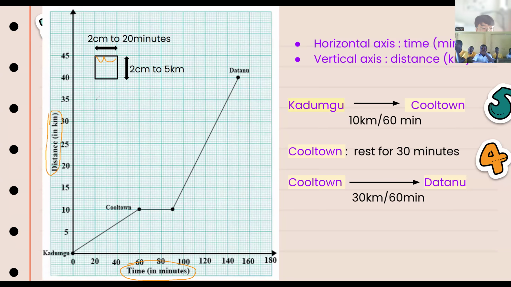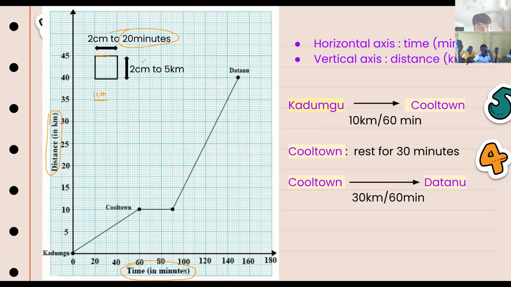If we say that this distance is 1 centimeter, this is 1 centimeter, then these two must be 2 centimeters. One, two. And that is equal to 20 minutes.